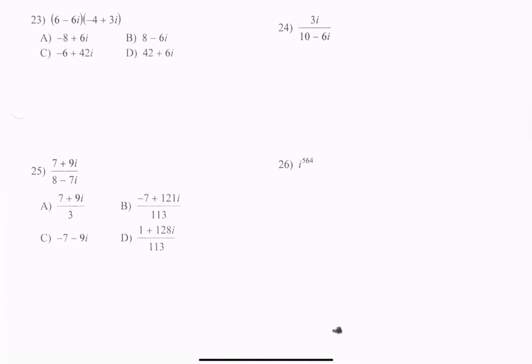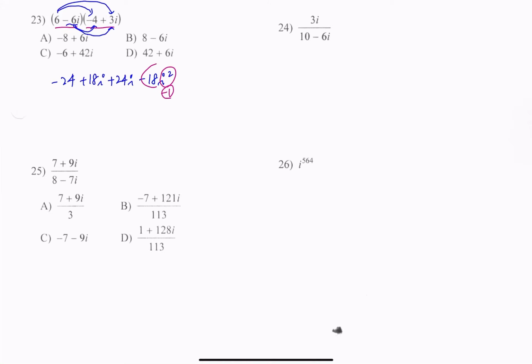Number 23, binomial times binomial. So you should use the FOIL way. FOIL. 6 times negative 4, which is negative 24. 6 times 3i, 18i. Negative 6i times negative 4, positive 24i. Negative 6i times 3i, negative 18i squared. i squared is equal to negative 1.